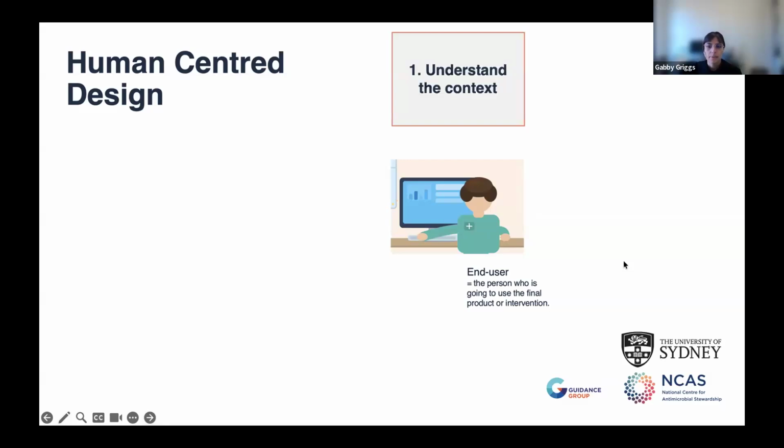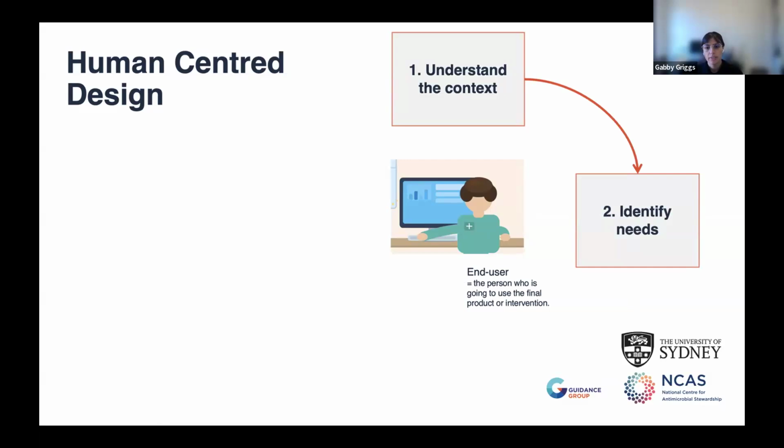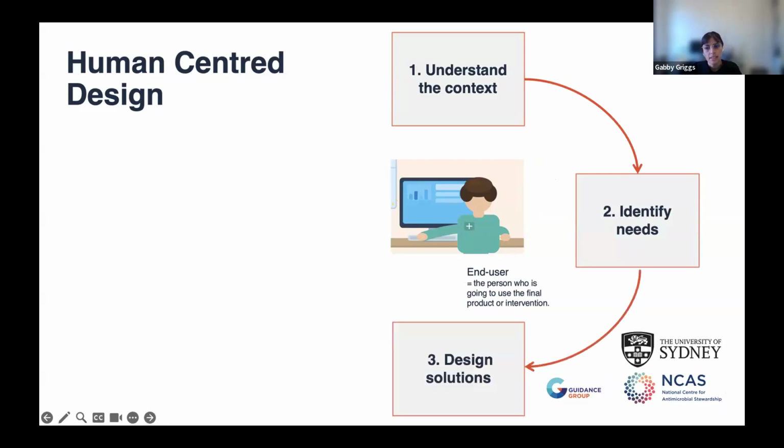The process begins by exploring the real-world setting and what already exists out there. Identify needs is the second part. From there, we focus on listening closely to uncover the real challenges end users experience in their day-to-day roles. These insights are then used to work alongside end users to develop practical ideas and solutions.